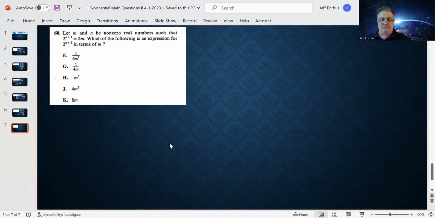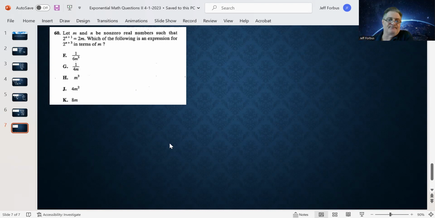It's very questionable, in my opinion. So let m and n be non-zero real numbers such that 2 raised to the n plus 1 is equal to 2m. Which of the following is an expression for 2 raised to the n plus 3, in terms of m?